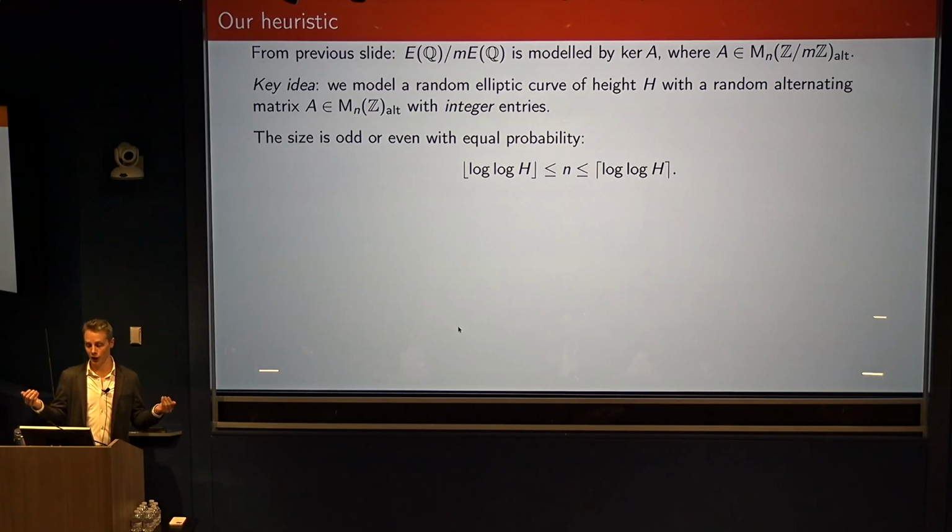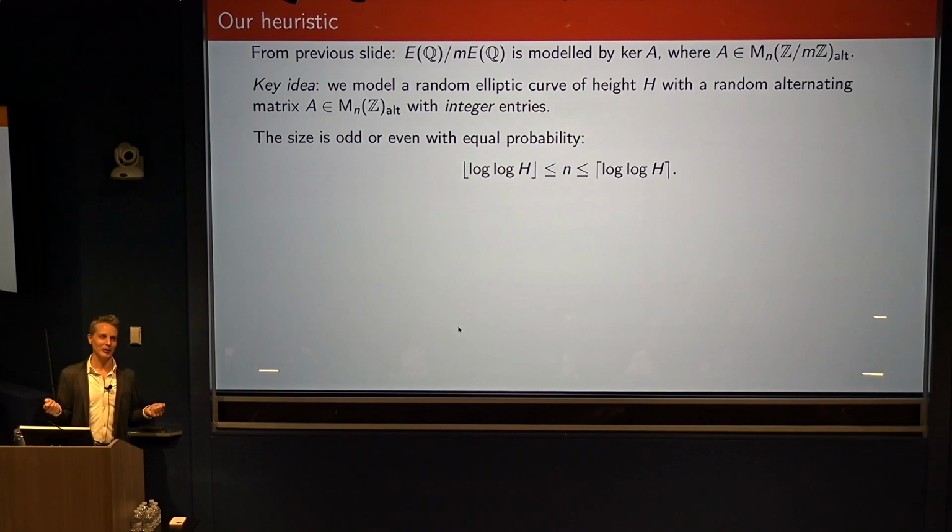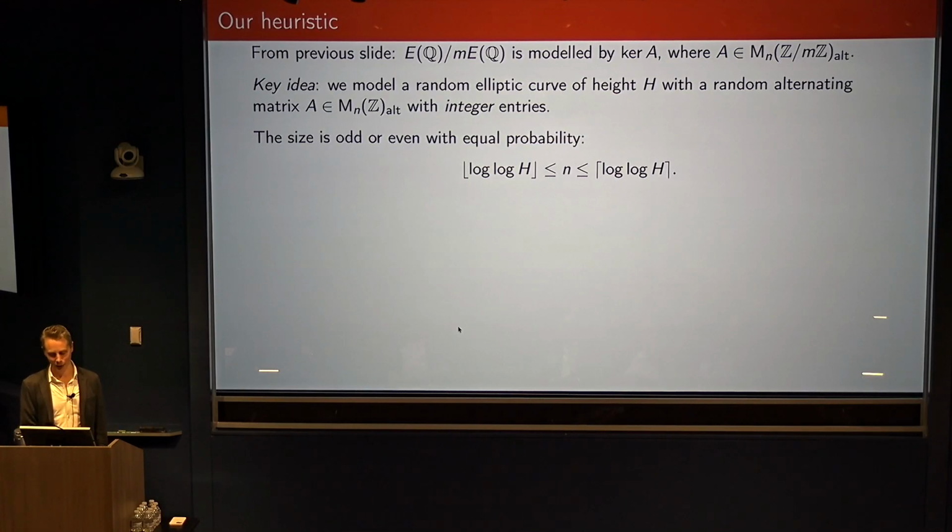Here I put log h, but for all intents and purposes, it could be any slowly growing function. Then the size of the matrix has to be an integer, and it doesn't know whether it's supposed to round down or round up, and that explains why there's a sign. So it makes a choice whether it takes the lower or upper bound. Yeah, that's the floor and the ceiling.